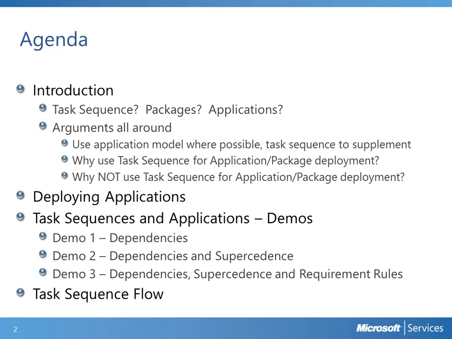The other thing too, task sequences are really in the category of operating system deployment. That's where the task sequence engine really shines. That's what its purpose is. But just because that's the purpose of the task sequence engine doesn't mean you can't take that goodness out of the task sequence engine and apply it to very complex, detailed scenarios for content, application, package deployment. So that's where we are today.